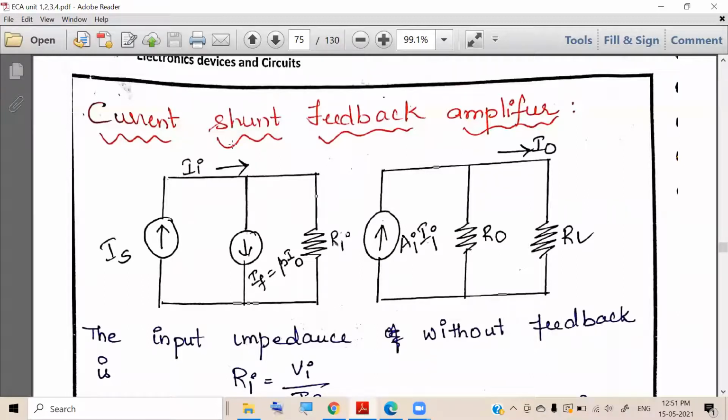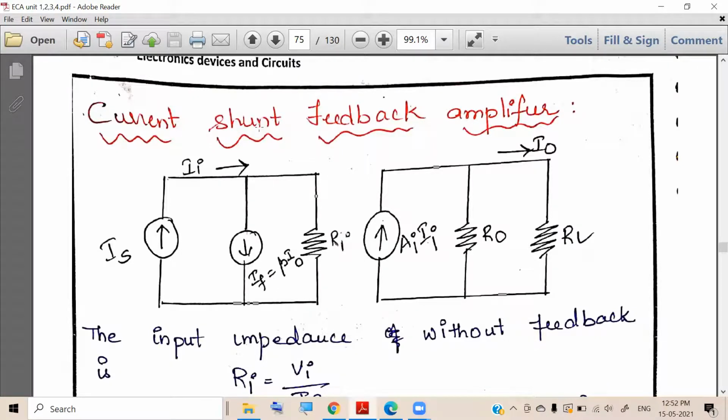Output, see here, current, how are we connecting? How are we connecting an ammeter? Ammeter we are connecting in series, isn't it? So output side series connection, input side shunt connection. What will happen to the output resistance? Series connection, 1 kilo ohm in series with 1 kilo ohm, increasing to 2 kilo ohm, isn't it?